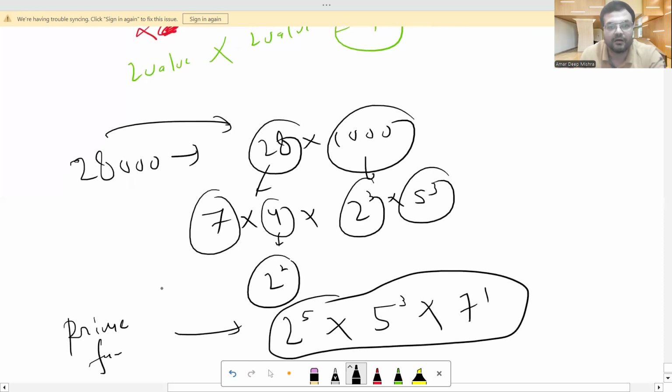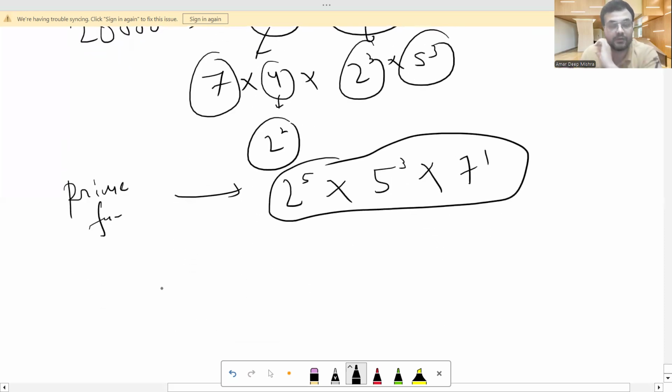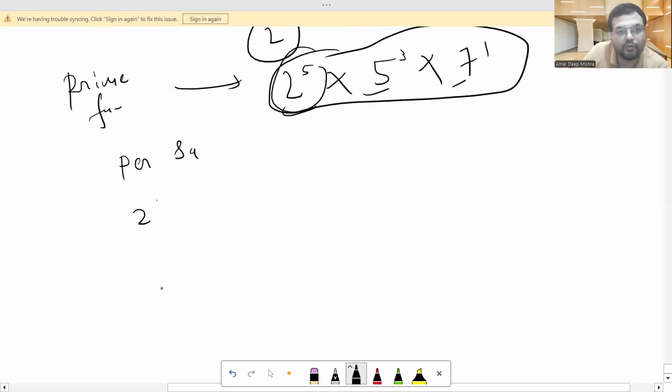Now see, you have to find the total number of perfect square factors and perfect cube factors. So for perfect squares, we'll take 3 columns, because we have three prime numbers now, 2, 5, and 7. For 2, we will take 2 power 0, 2 square, and 2 power 4.